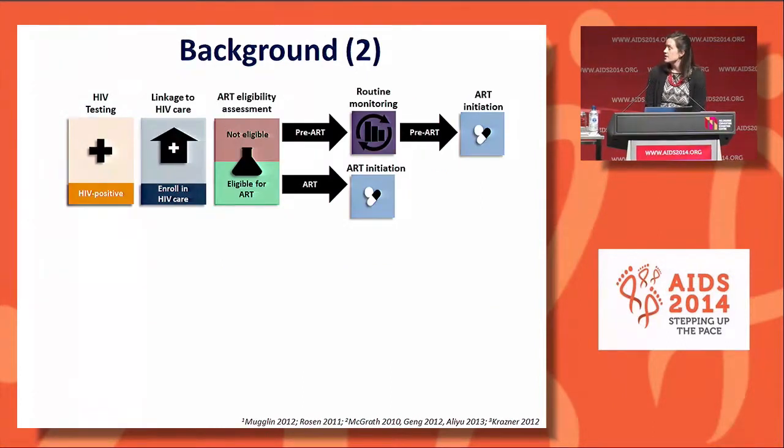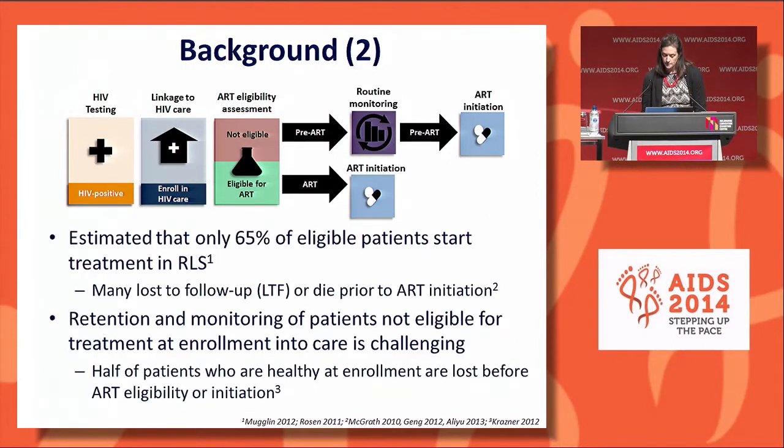This graphic shows the steps in the HIV Care Cascade leading up to ART initiation, which include HIV testing, linkage to HIV care, assessment for ART eligibility, and immediate access to ART initiation for those who are eligible, as well as routine monitoring for those who are not eligible at the time of enrollment, leading to ART initiation eventually.